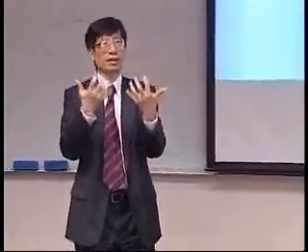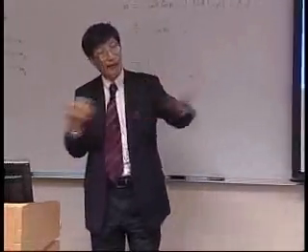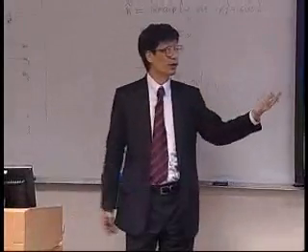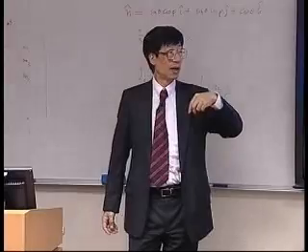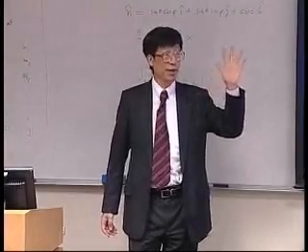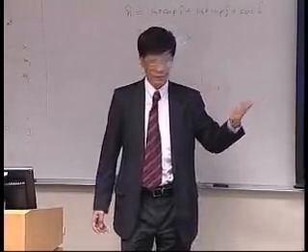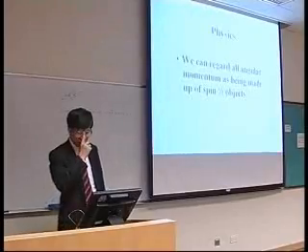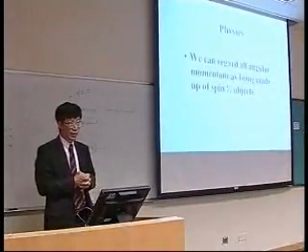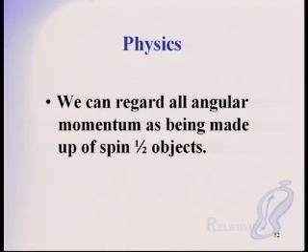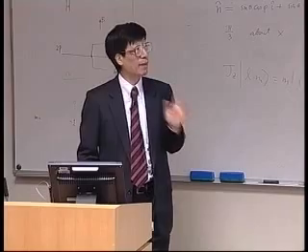That expansion has to do with what's called Clebsch-Gordan coefficients in the case of SU2. I will cover Clebsch-Gordan coefficients later. But this is the simplest possible example of something like this. So at least mathematically, we can regard all angular momentum as being made up of spin 1/2 objects. And everything can be built up from spin 1/2, mathematically.